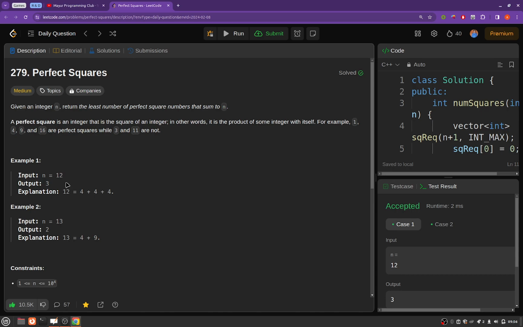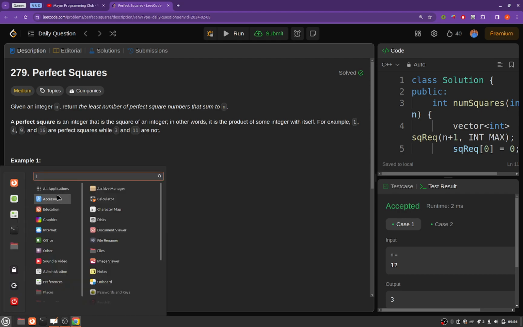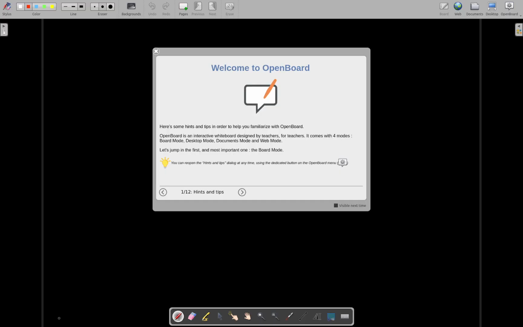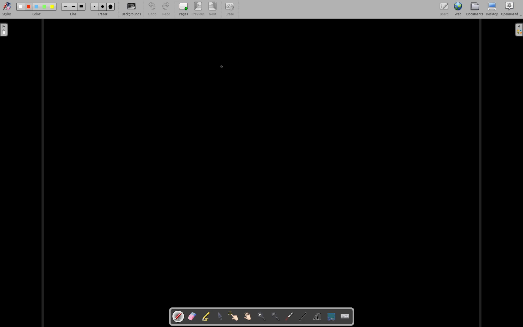So you should tell how many perfect squares less than this particular sum are required so that they can sum up to this number. The perfect square numbers that are lesser than this 12 are 1, 4 and 9.